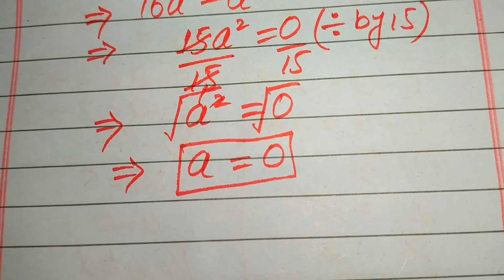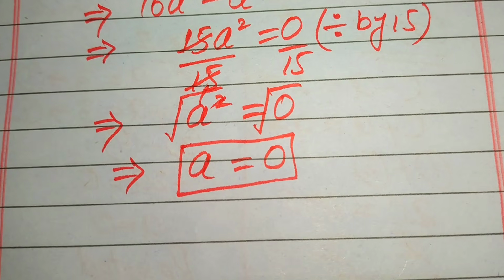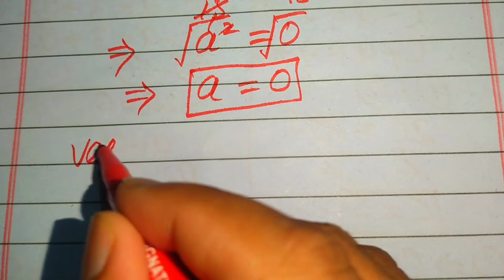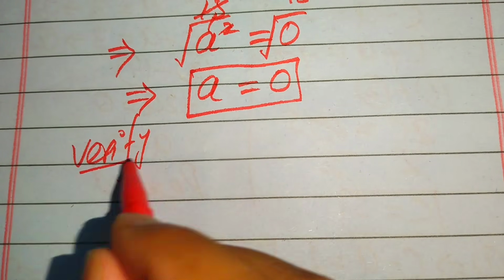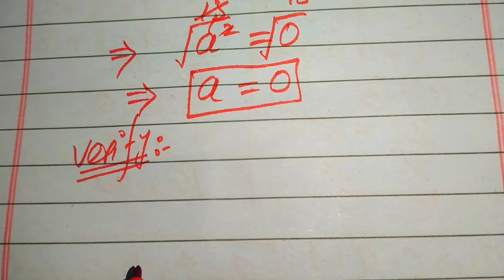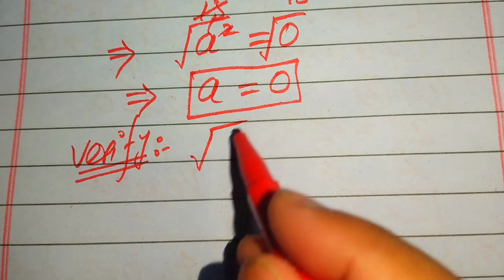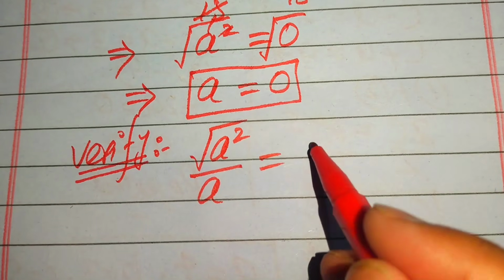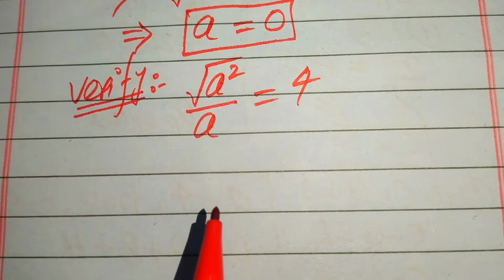Now in the next step we need to verify whether this value of a is a solution, or whether it is an extraneous root. For verification, we copy down the given question statement: square root of a square divided by a is equal to 4.